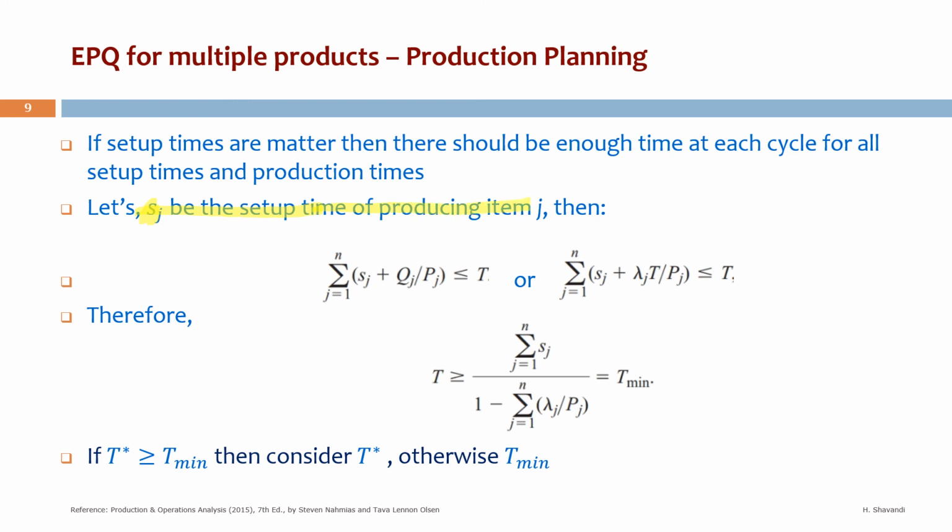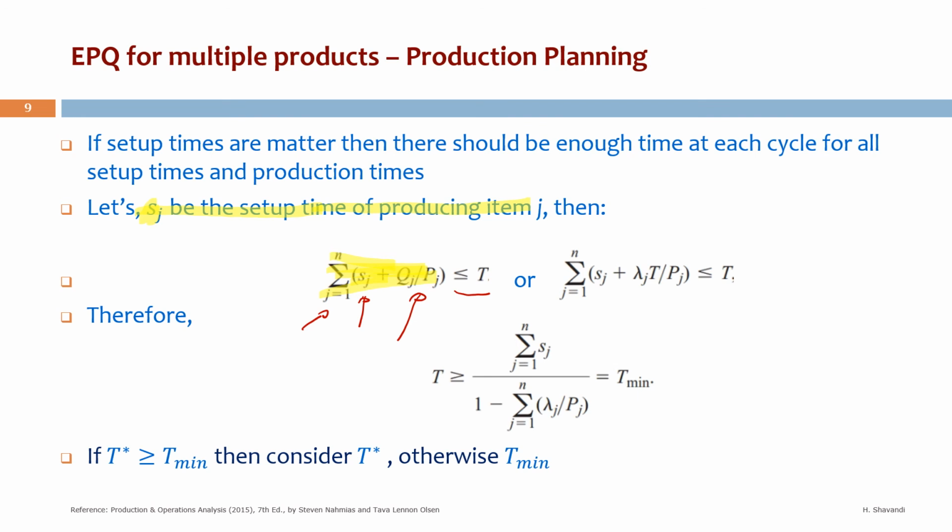Then the total time is Sj plus Qj over Pj, where Qj over Pj is the production time for producing Qj units of item j, and Sj is the setup time for that item. If we add up all these times, the total should be less than or equal to our cycle T.